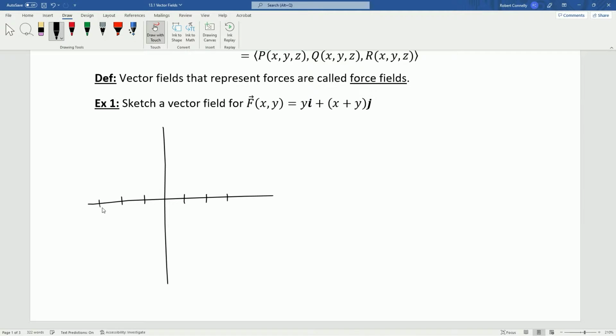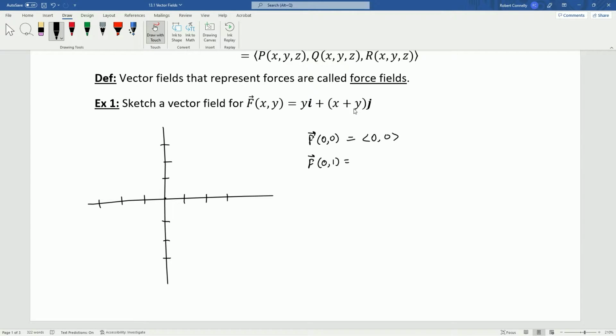So we're going to plot a few different values here, but the process is fairly straightforward. What we're going to do is look at a few x and y values. So let's start with the simplest one, 0, 0. Well, that gives us the zero vector here. So there's really nothing to draw, right? Okay, what about when we just increase y by 1?